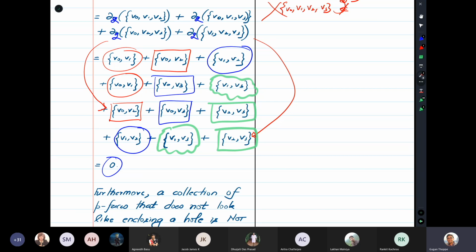We could have chosen some other field as well, but the calculations would have been slightly more complicated. Here they are very straightforward. Whenever these things appear twice or an even number of times, we can simply cancel them off.